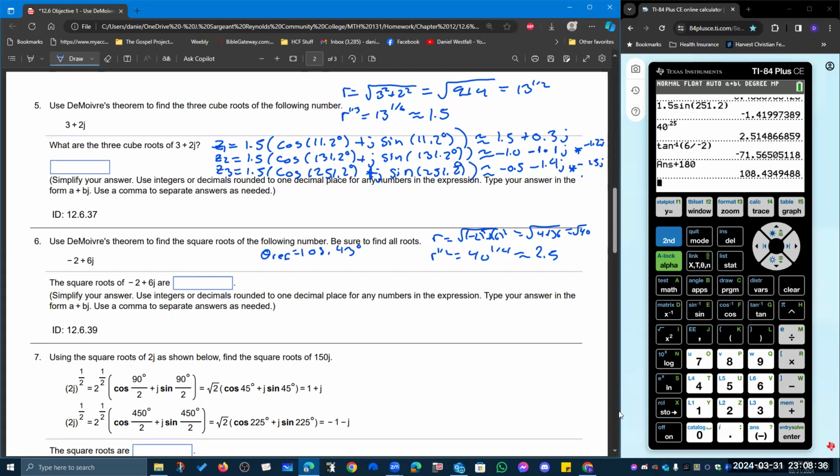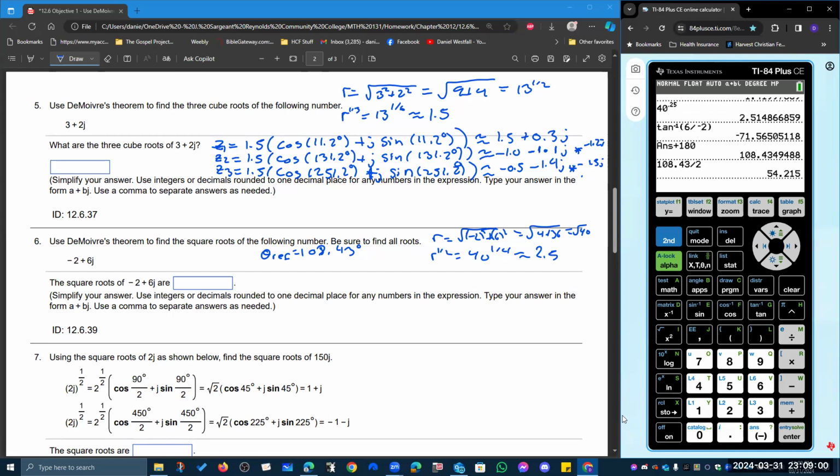And then we're going to cut that in half, and we get 54.2.